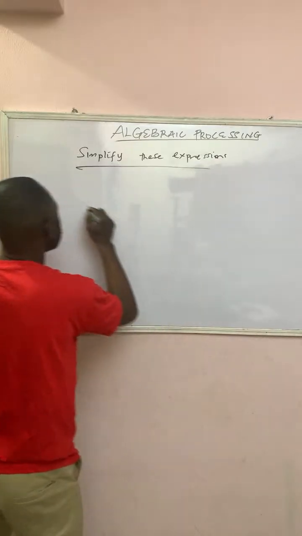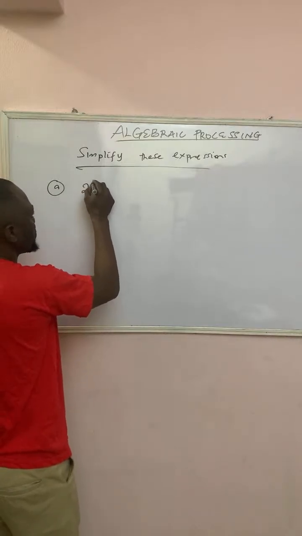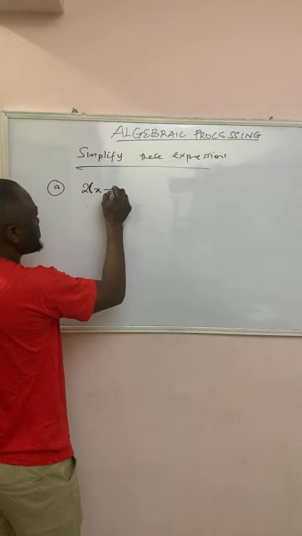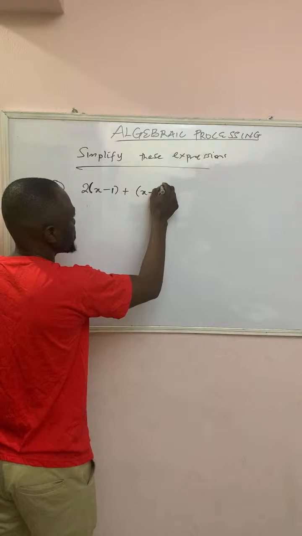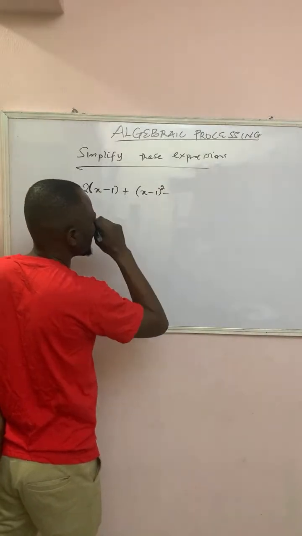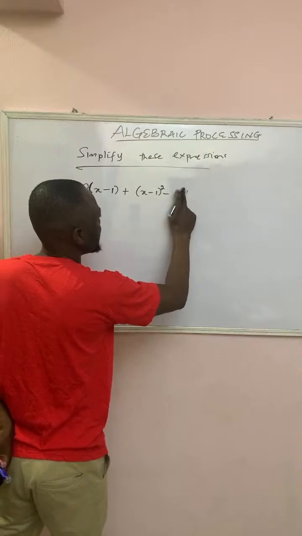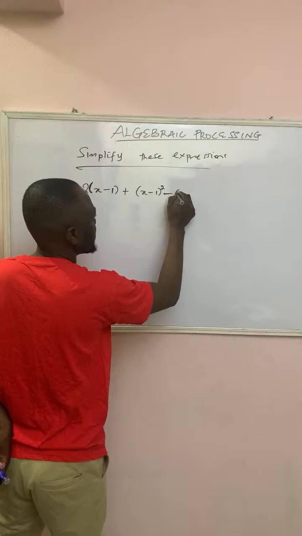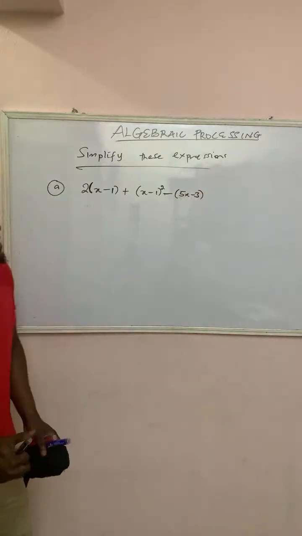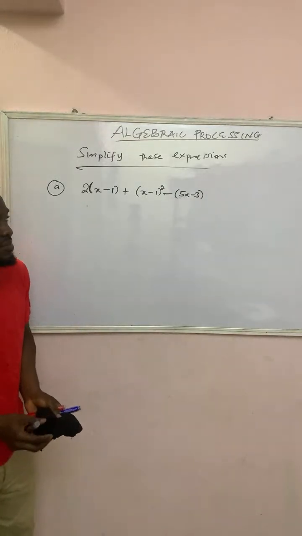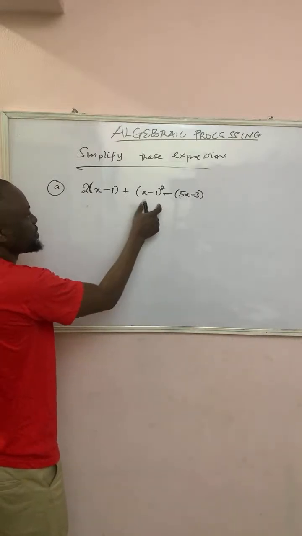Let's assume we have 2 bracket x minus 1, plus x minus 1 all squared, minus bracket 5x minus 3. Now let's look at this expression. We want to simplify this. So now we have 3 parts, 1, 2, 3.